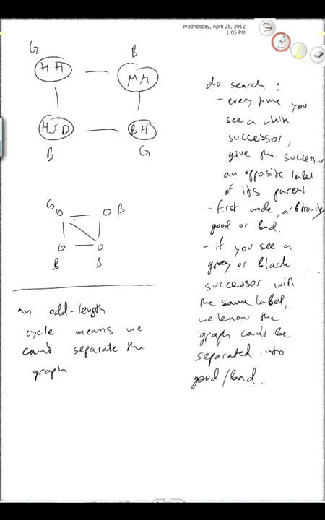For example, in this graph right here, here's an odd length cycle. It's a cycle of length 3, and we couldn't separate that graph. And similarly, if we had a cycle of length 5, say, there would be no way to separate this graph into good and bad parts.